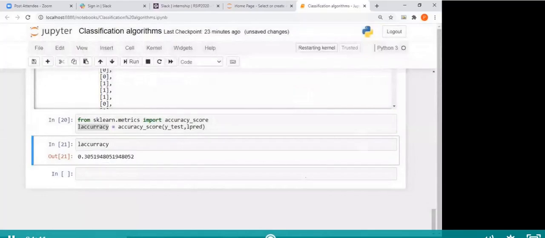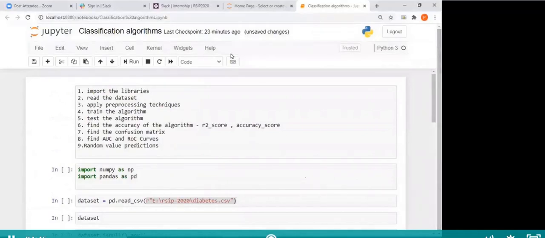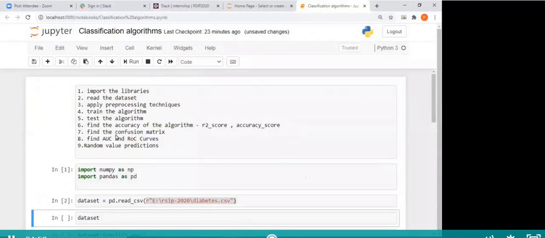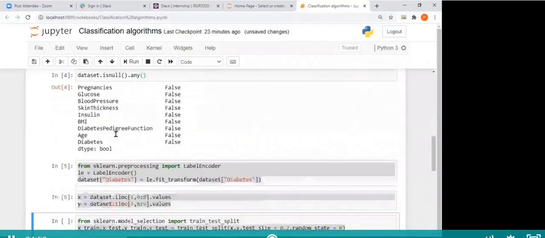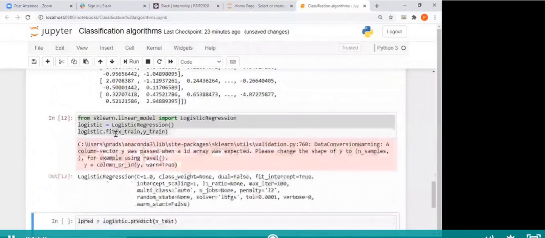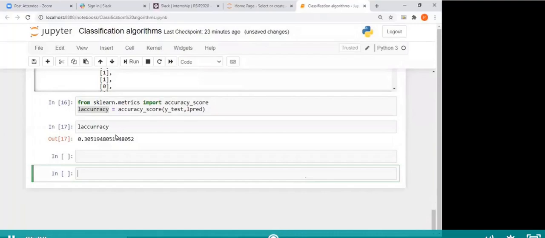Let's see whether I'll get good accuracy or not. So good, everyone got very nice accuracy, but my data is not properly getting trained.